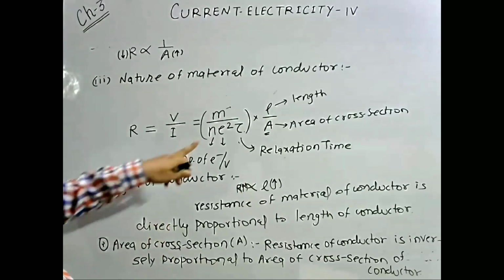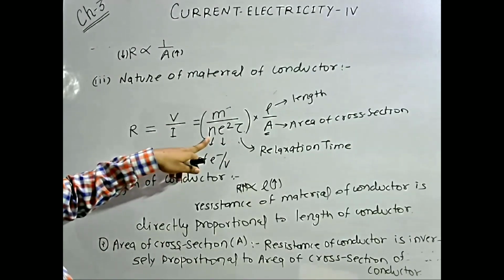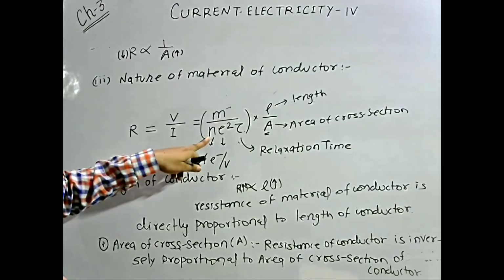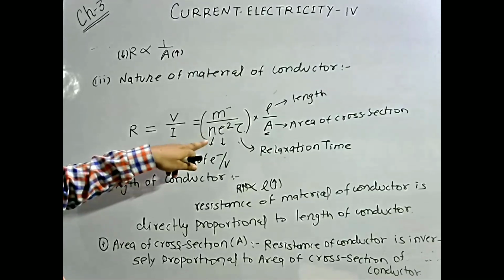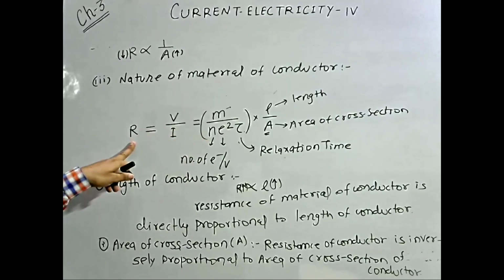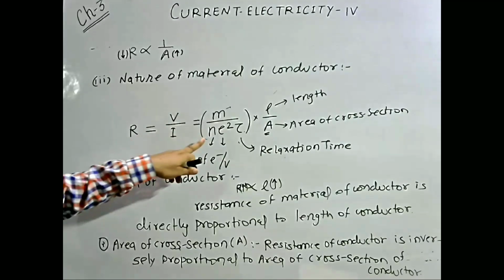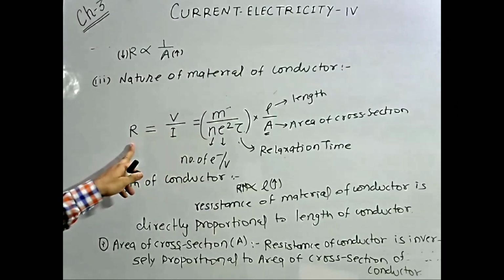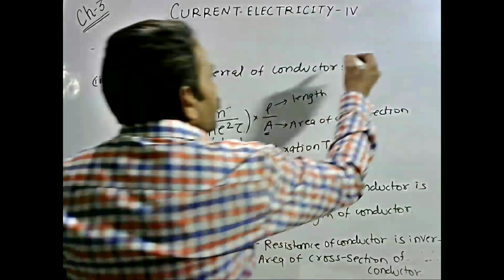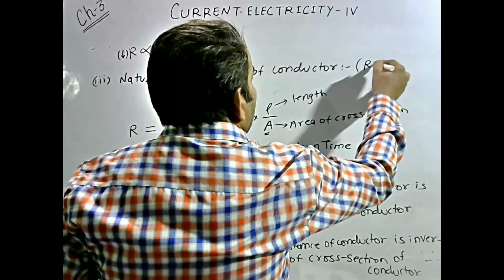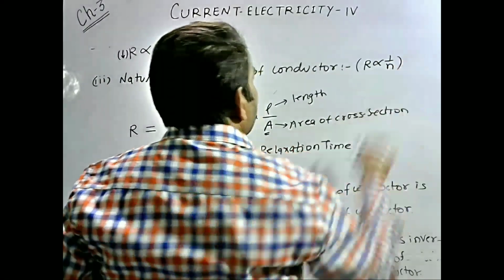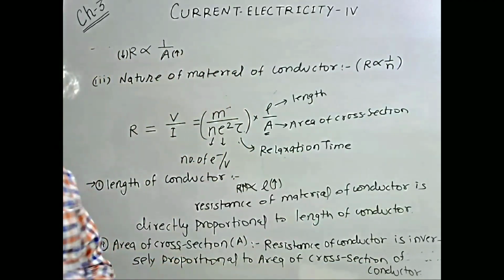That means number of free electrons per unit volume of conductor. Clear? If N is less, then resistance is more, and if N is more, then resistance is less. Now you can write here R is inversely proportional to N, where N is the number of free electrons.